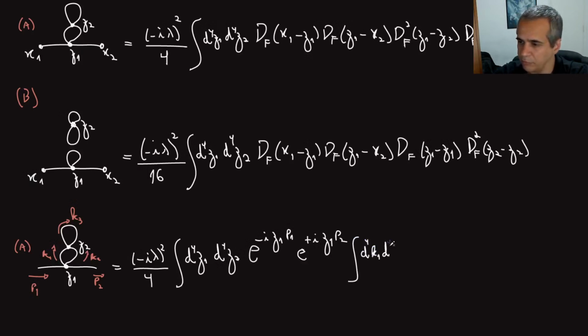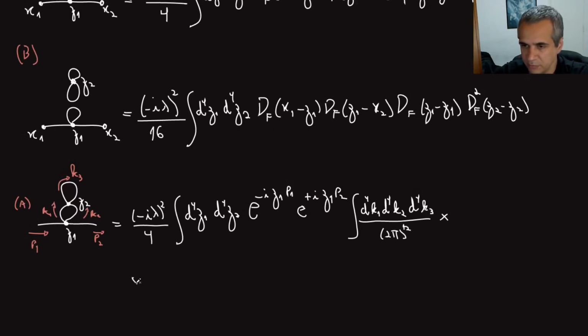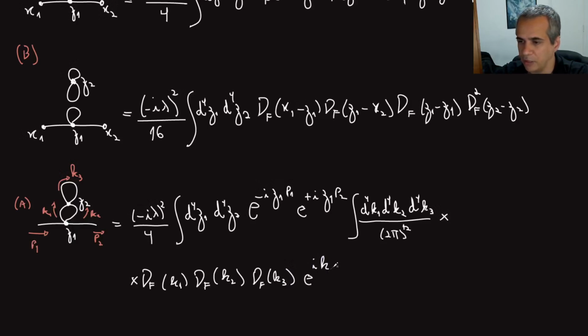d4K1, d4K2, d4K3 over 2 pi to the 12th, times the 3 propagators in momentum space, which are the Feynman propagator of K1, Feynman propagator of K2, Feynman propagator of K3, and exponentials for the Fourier transform, which are exponential of i K1 (Z1 minus Z2), exponential of i K2 (Z1 minus Z2), and there should be an exponential of i K3, but that will be (Z2 minus Z2), right?